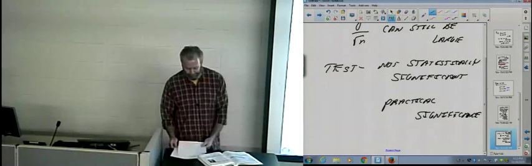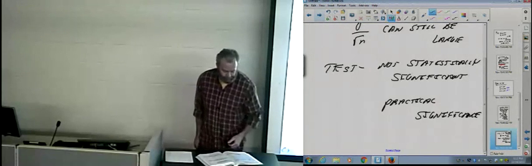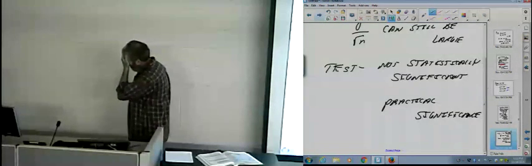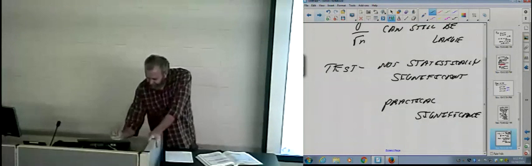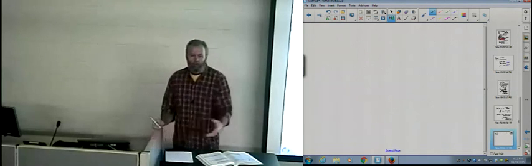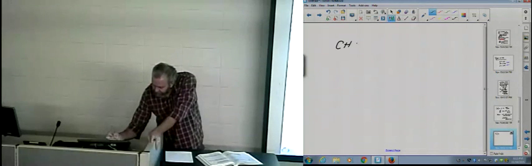Now, the two other things I want to do here. I'm on page 424. I'm going to try to make this as simple as possible. Before we ever do anything, we have the opportunity of choosing the sample size.